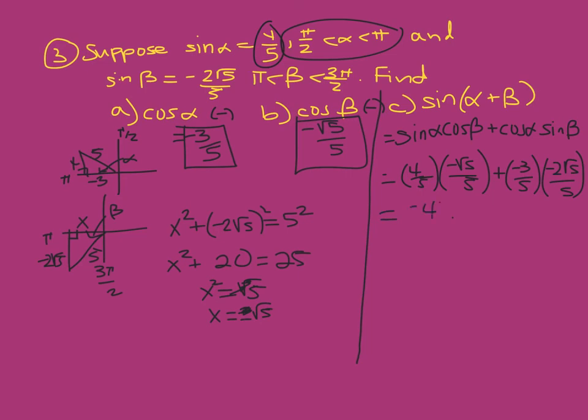We get negative 4 radical 5 over 25 plus 6 radical 5 over 25. Those two things can actually be combined. We have the same denominator. Negative 4 radical 5 plus positive 6 radical 5 gives us 2 radical 5.